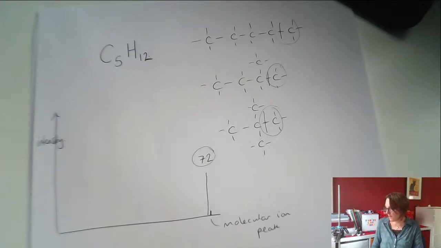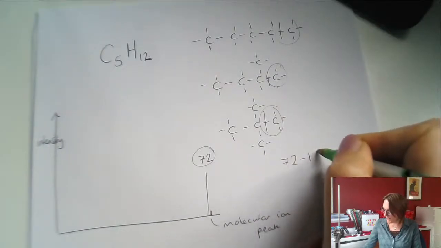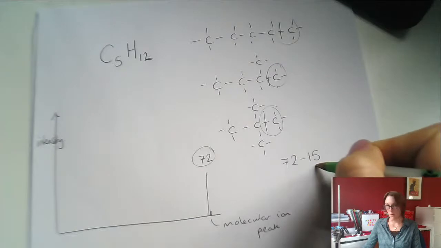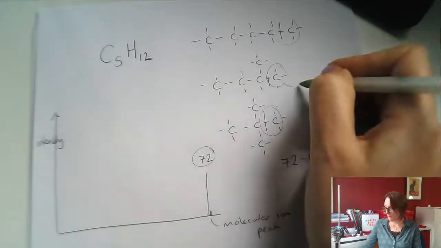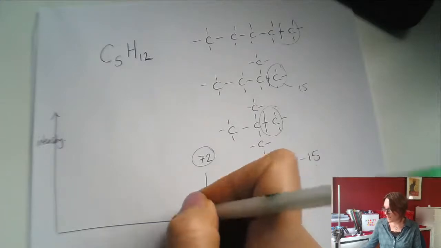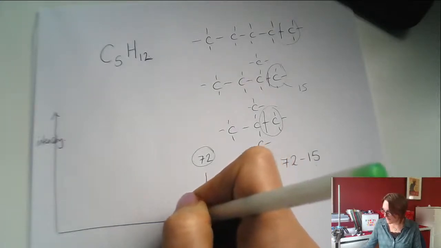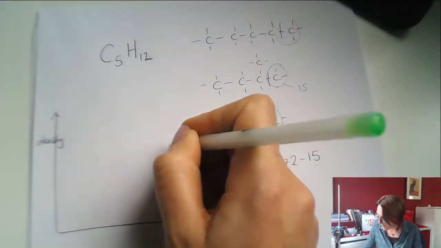But one peak you'd expect to see in all of their mass specs would be a peak at a mass of 72 take away 15. And that's because 15 is the mass of that: 1 carbon, 3 hydrogens. So, a tiny bit of mental maths. Oh my goodness, 70 minus 15 is 55, so 57. So there would be a peak at 57, and it would probably be quite big.